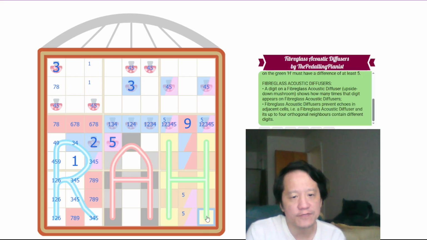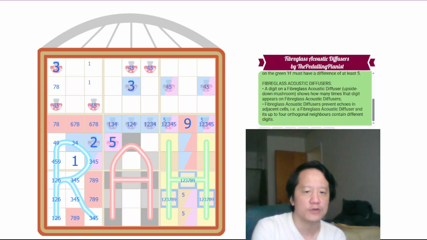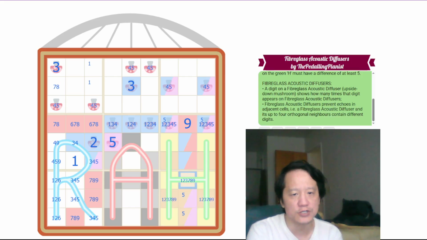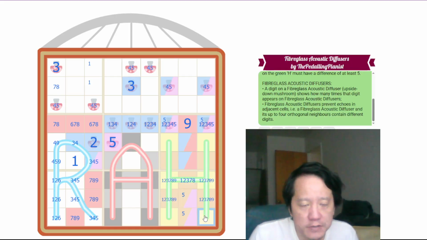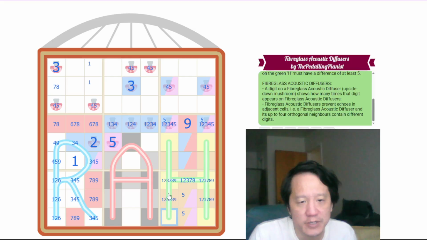So that means the 4 or 6 here. So these have to be 1, 2, 3, or 7, 8, 9 for these digits because they are next to two unique digits on a Whisper 5 line. So are these 1, 2, 3, 7, 8, 9. This can't be 9, obviously. And we're guaranteed one of these has to be a 4 or 6. And the 4 or 6 has to be next to the 1 or 9 in the corresponding opposite set.